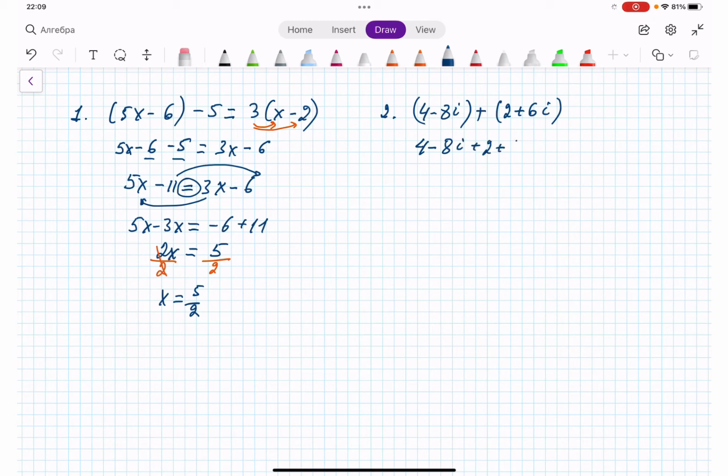Plus 2 plus 6i. Okay, let's combine 4 and 2 and negative 8i plus 6i, right? 4 plus 2, it's going to be 6. Negative 8i plus 6i, it's going to be negative 2i. And we are done.